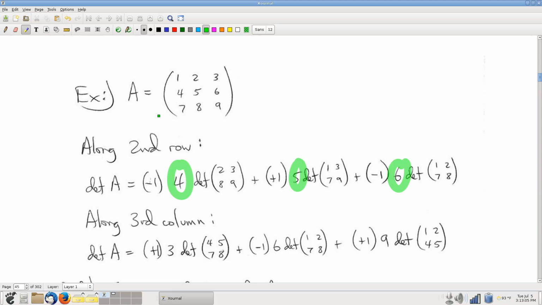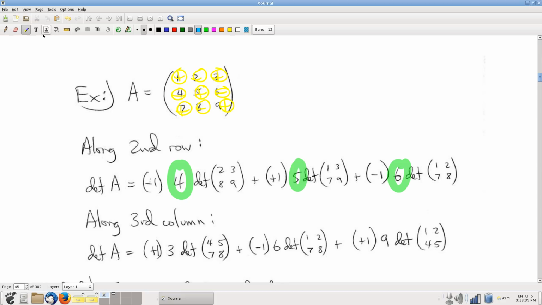Now let's think about our checkerboard pattern of pluses and minuses. Plus, minus. It's not going to look very good there, is it? Here, I'll do it like this. Plus, minus, plus, minus, plus, minus, plus, minus, plus.